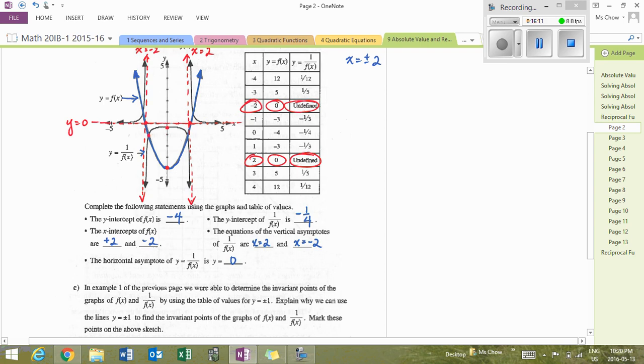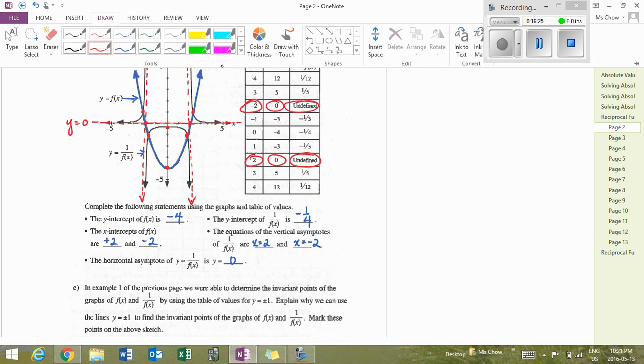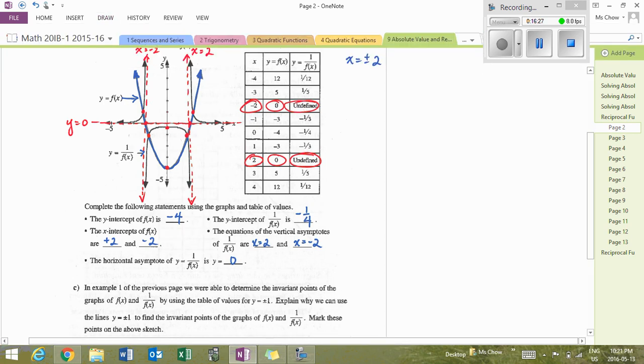If we go across, there it is, y equals -1, and there it is again. At y equals +1, there's our intersection here. And those 4 points, in a different color, green, are points that occur on both the original function as well as the reciprocal function.